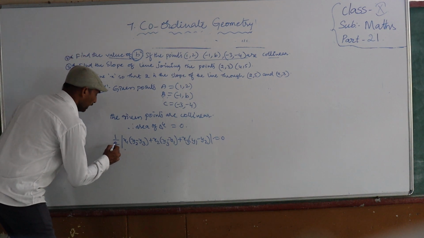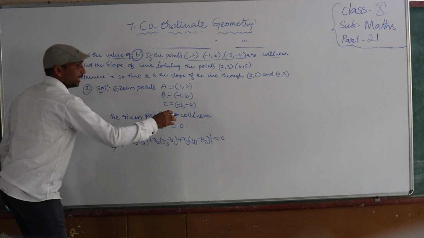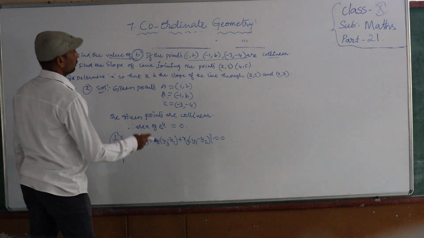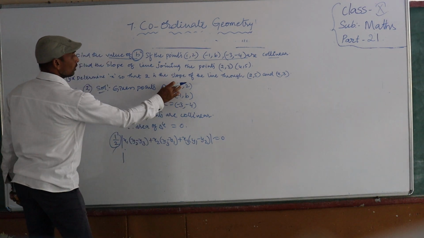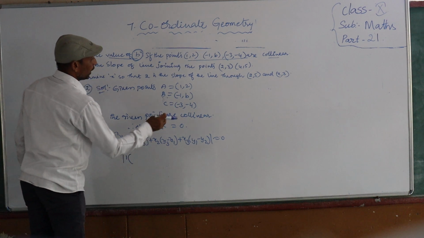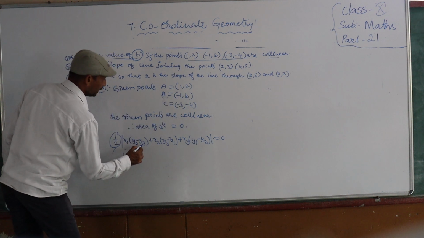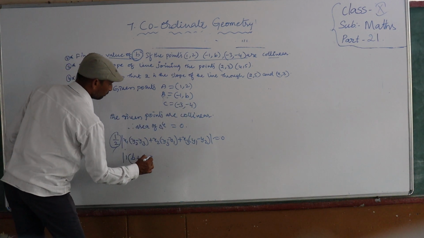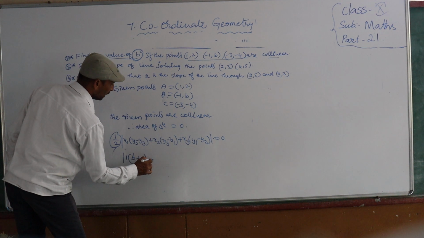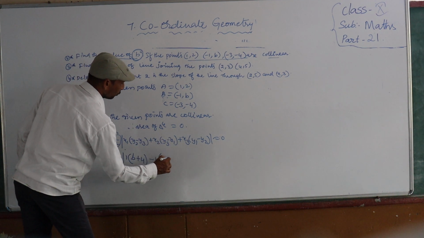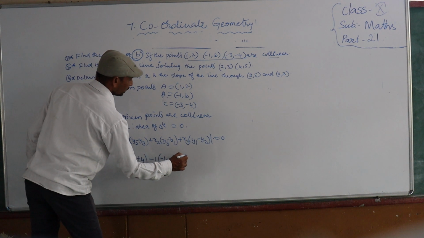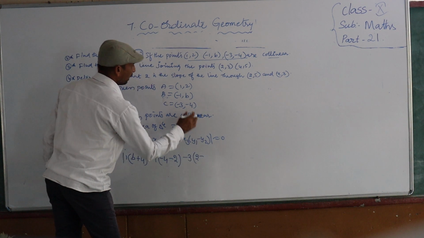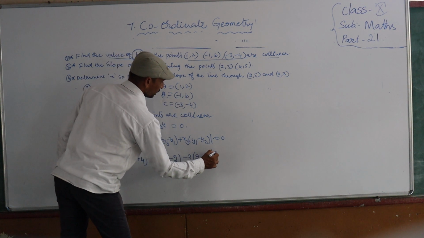Then the half, if you transpose it here, it will become 0. Then directly mod of x1 into (y2 minus y3), plus x2 into (y3 minus y1), plus x3 into (y1 minus y2) is equal to 0.